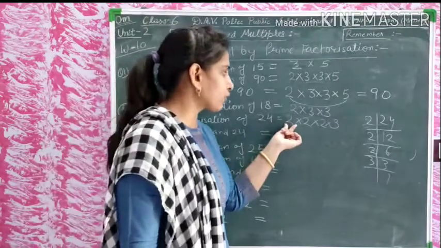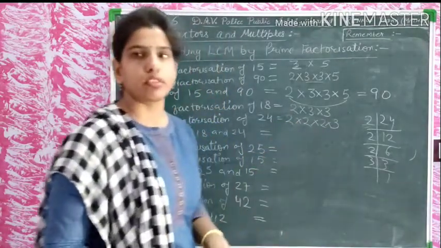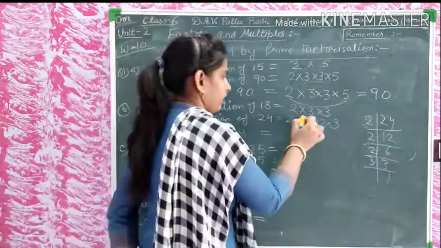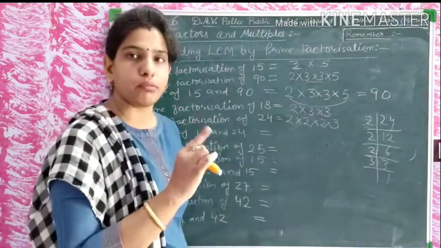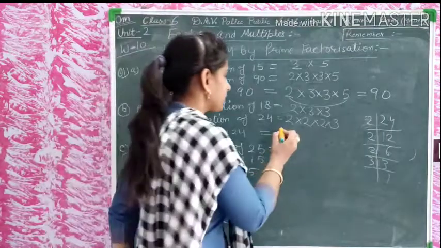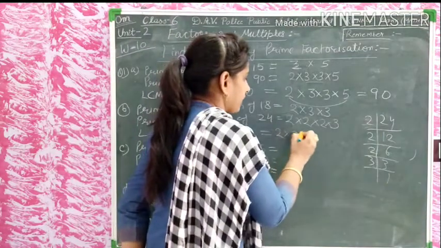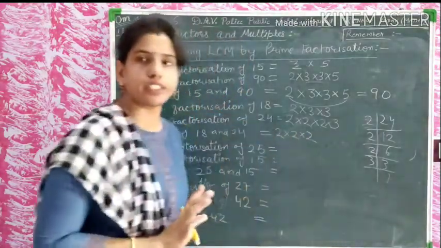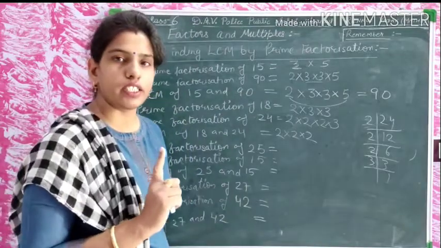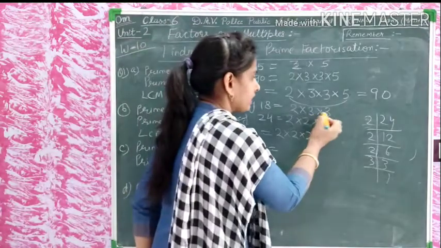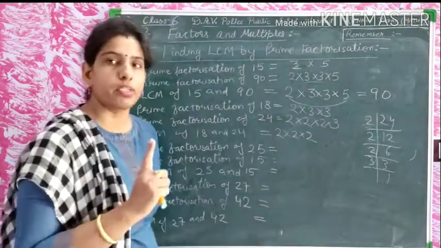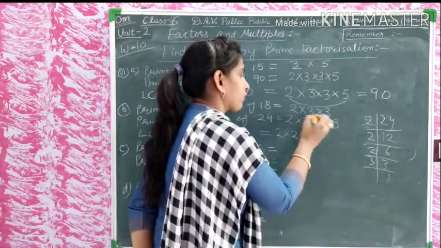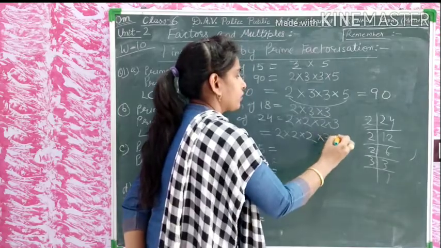First check where 2 occurs the maximum times. Here it occurs only 1 time, but the maximum is 3 times. It means we have to write the maximum times here. The 2 factor is done. Now the factor is 3. It occurs 2 times here and only 1 time in the other. So we take the maximum, 3 into 3.